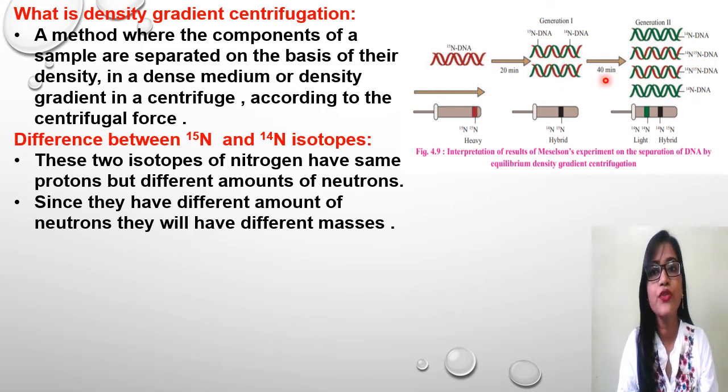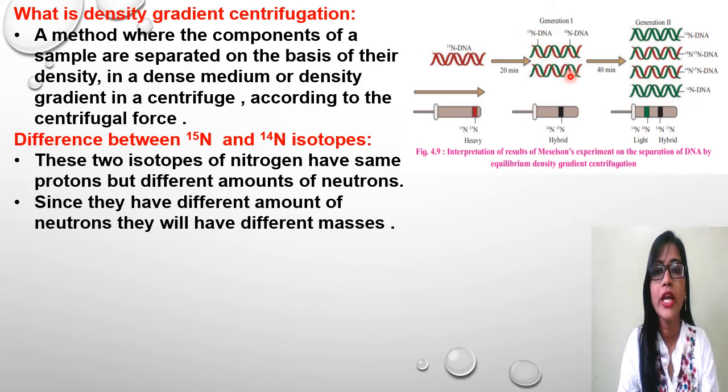Now after 40 minutes, when you observe the second generation, why are both the strands green in color? Try to understand this. Now if this red and green get separated, this green strand is the old strand, and another is the red strand. This red strand is absent here because the newly synthesized strand is again a green strand in this diagram.